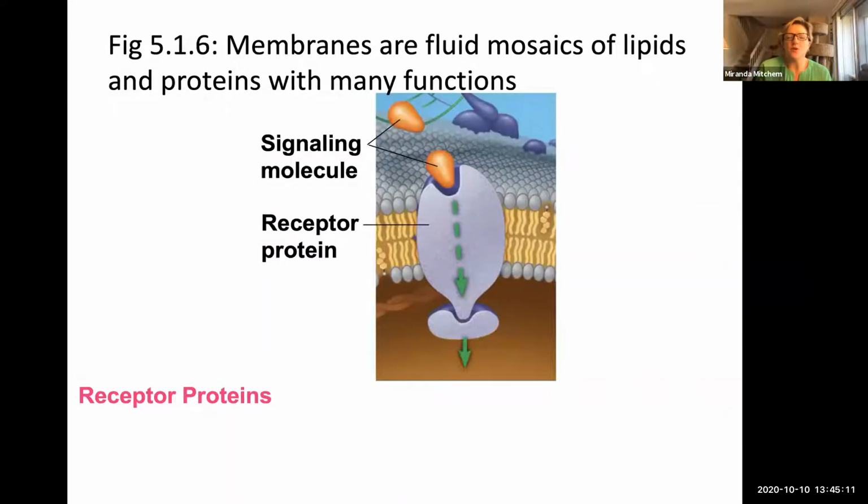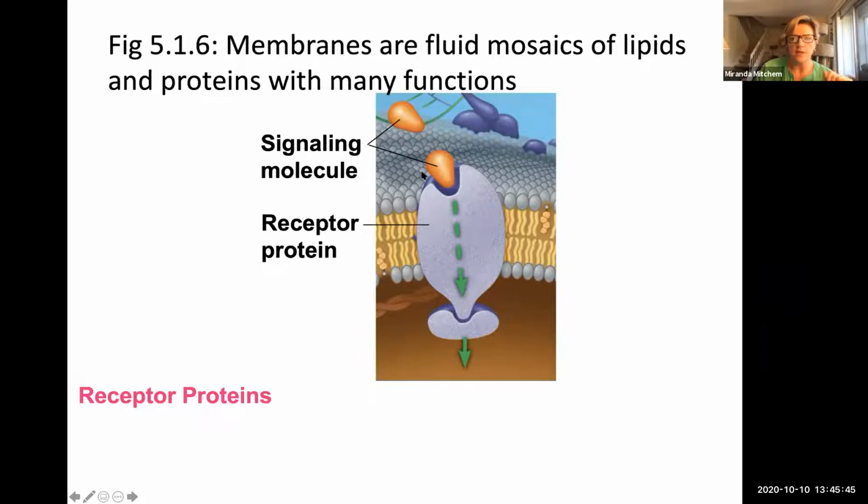All right, so now we're looking at what is called a receptor protein. And with receptor proteins, we have a signaling molecule that is the correct matched partner for this receptor protein. That's based on that elaborate three-dimensional structure that we learned about for proteins. So the signaling molecule binds to the receptor. And in this case, it sends a signal to the inside of the cell, but the signaling molecule itself is not going inside the cell.